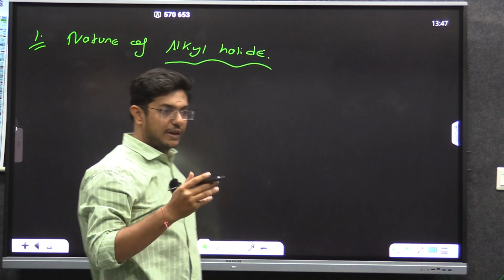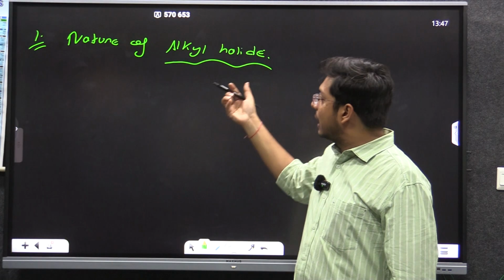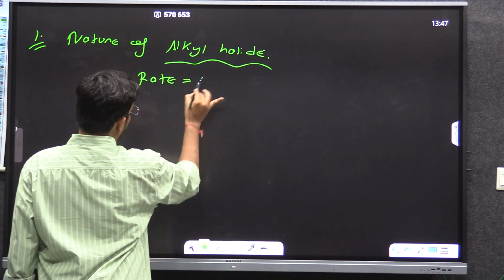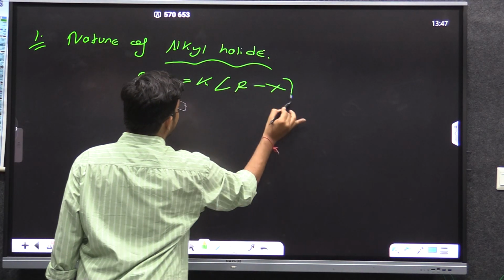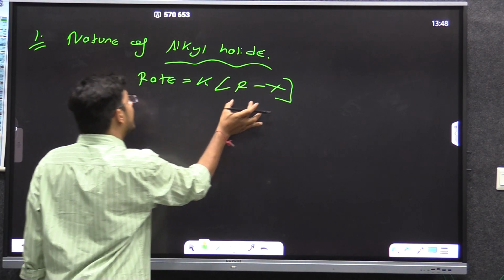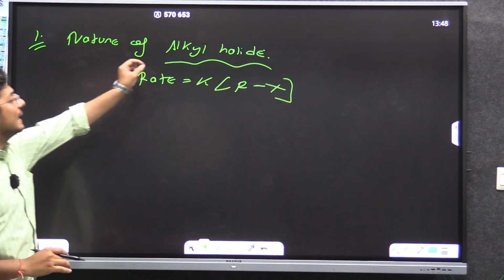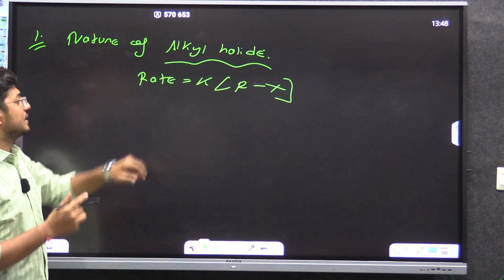As we know, the rate of reaction is directly proportional to the alkyl halide, RX, so any change in the nature of the alkyl halide will directly impact the rate of reaction. How does the nature impact it?